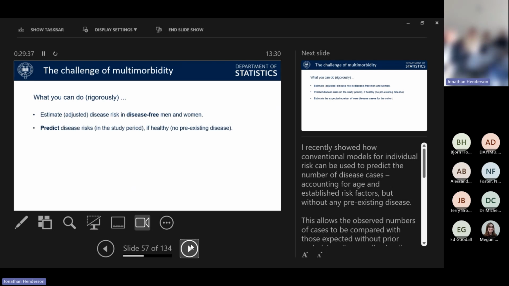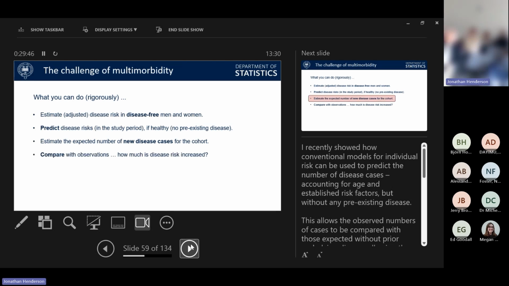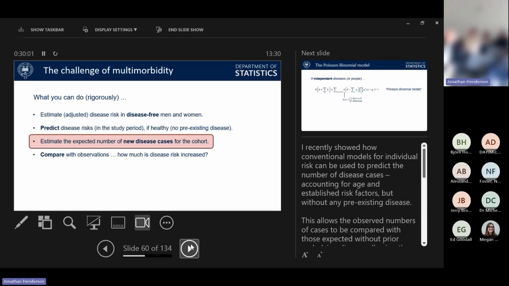You can estimate the expected number of new disease cases within that cohort that you're looking at, and you can compare it with what you actually observe. Then you can get some indication of how much the disease risk has increased above that you'd expect in otherwise healthy people. The only thing there that is not in a textbook somewhere is this bit, which is how do you turn these risks into expected numbers of cases.